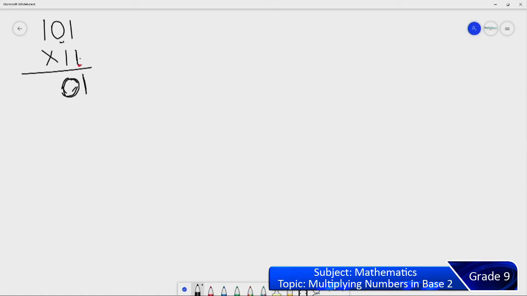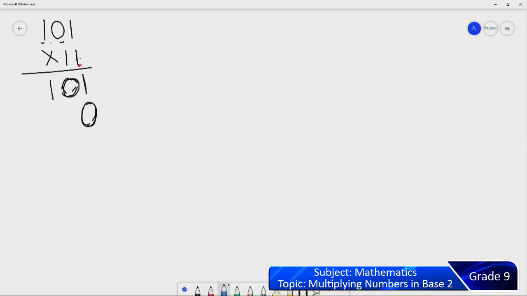And 1 multiplied by 1 gives us 1. Now, because the second digit is in the tens place, we have to add a 0 before we continue multiplying.